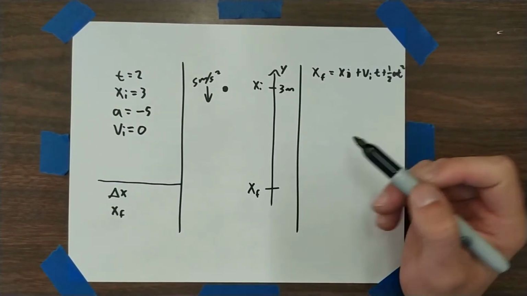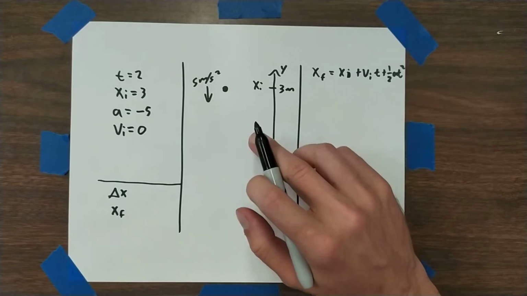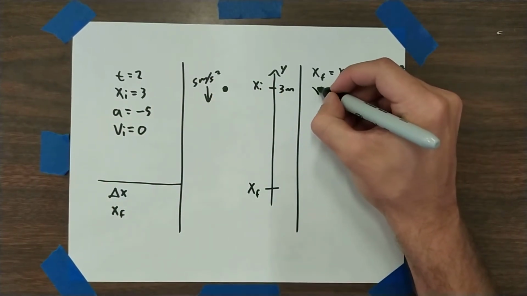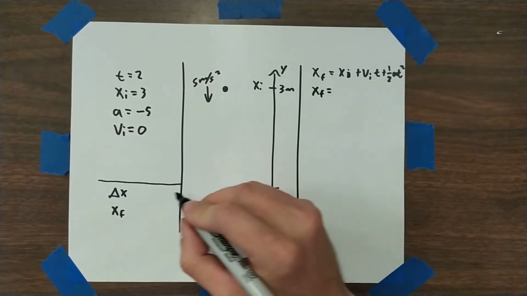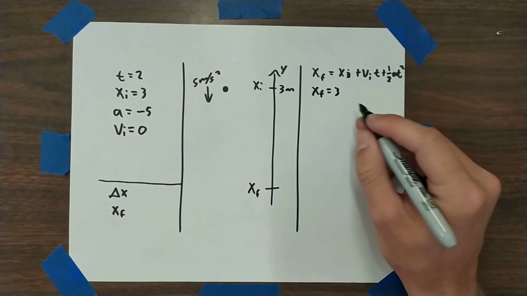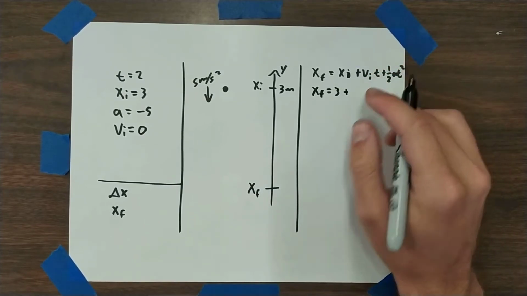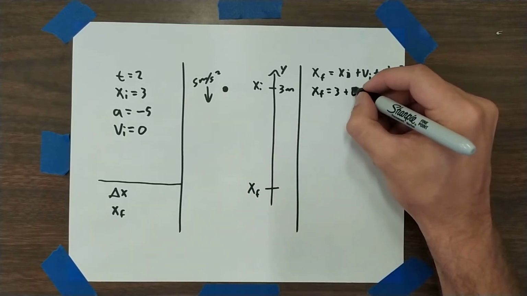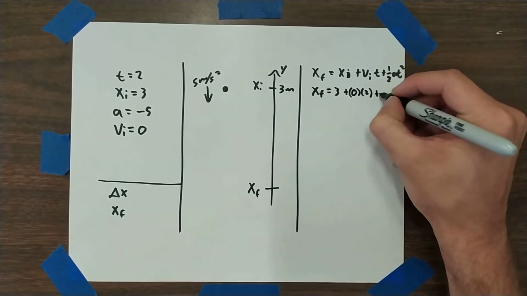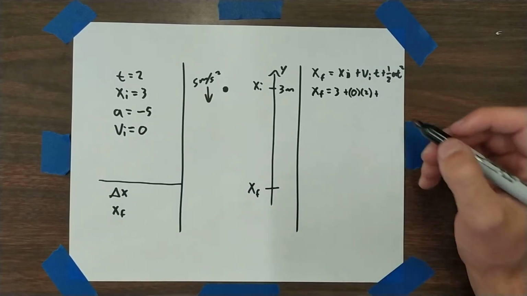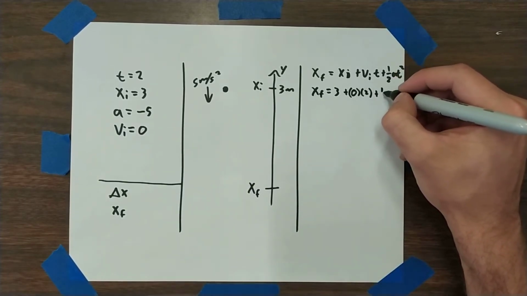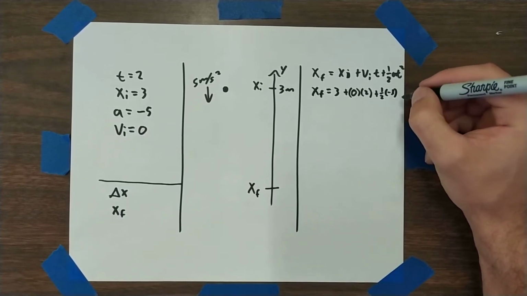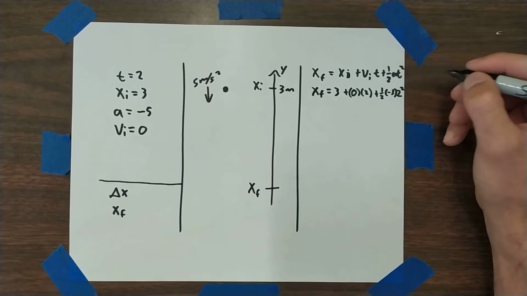Then I'm just going to write down this formula again, replacing the letters with what they represent. x final, we don't know, so we'll leave that as x final. x initial is 3. v initial is 0, so that's going to be 0 times t, which is 2. So 0 times 2 for that term, and then 1/2 a t squared. That would be 1/2 times negative 5 times 2 squared.